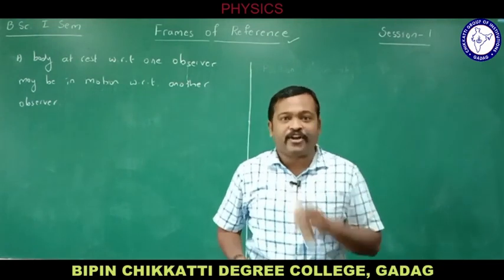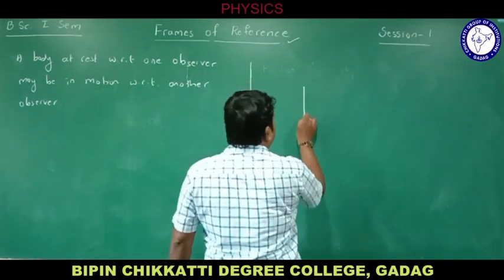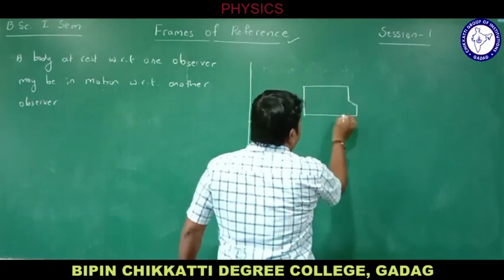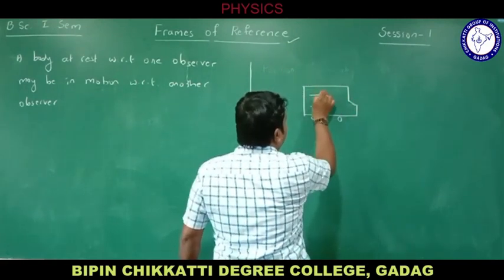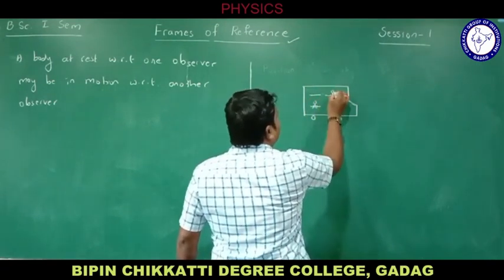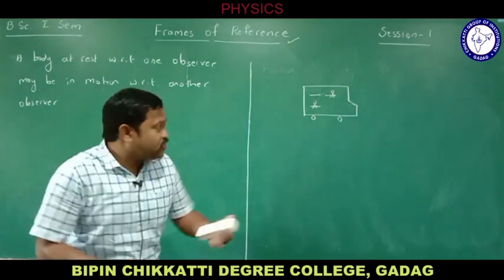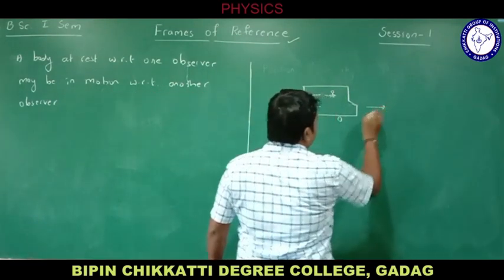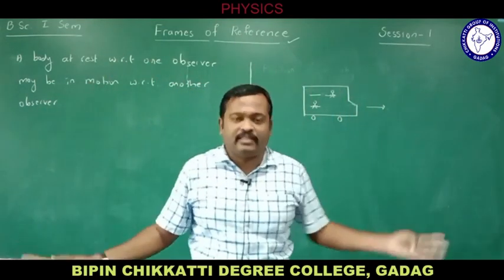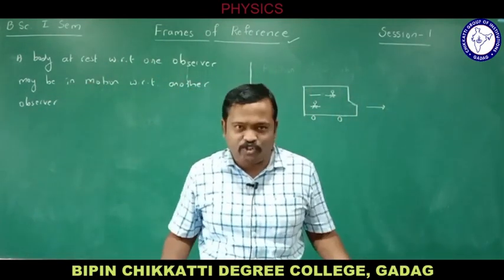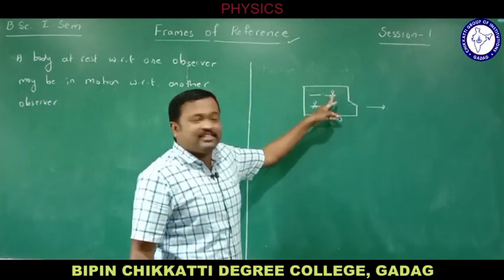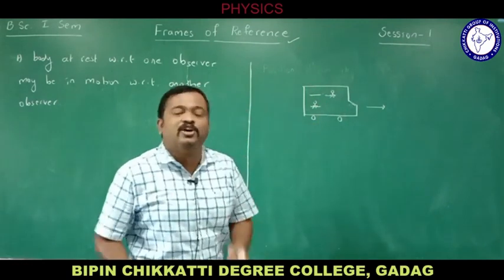So, a body at rest with respect to one observer may be in motion with respect to another observer. For example, let us consider there is a bus here, and you are sitting on the seat, and your friend is also sitting here, and the bus is moving. If you take the bus as the frame, the bus as the coordinates, the position of this person is not changing with respect to the bus.